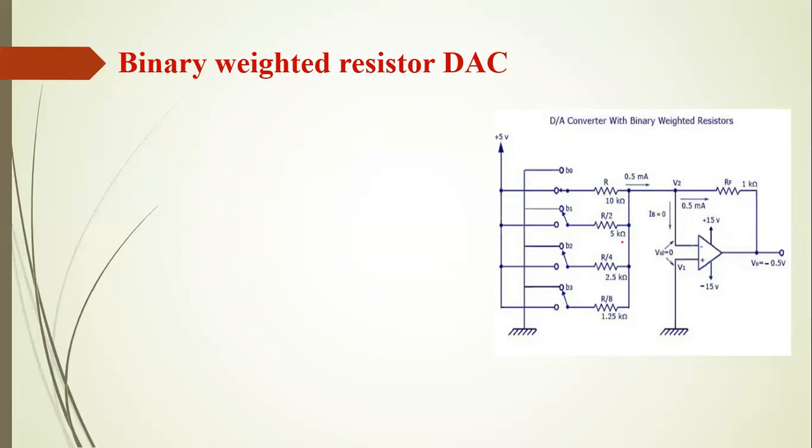In the input configuration, the positive terminal is connected to ground and the input is applied at the negative terminal. That means this is an inverting amplifier circuit. It can be connected in non-inverting amplifier configuration also, but in general, you will be using the inverting amplifier itself.